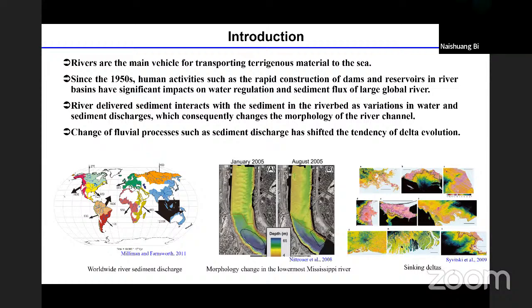The change of fluvial processes, especially the decrease in sediment fluxes, has shifted the tendency of delta evolution. Large river deltas like the Mississippi, Nile, and Changjiang deltas have converted to a destruction phase because of the drastic reduction of sediment supply from rivers.